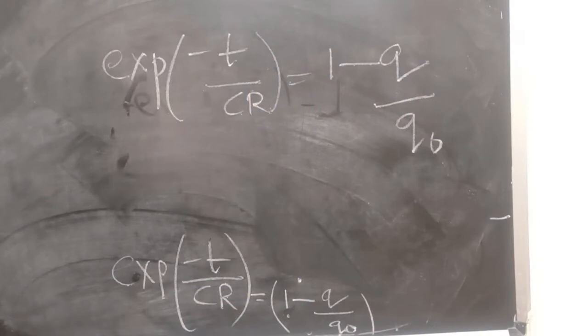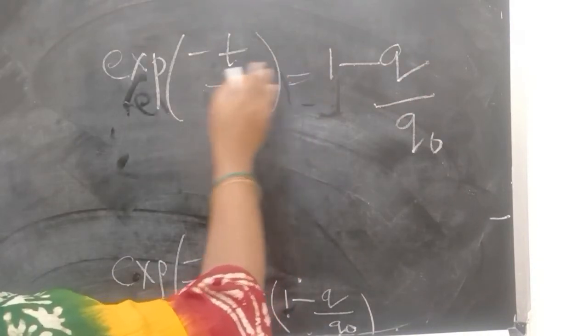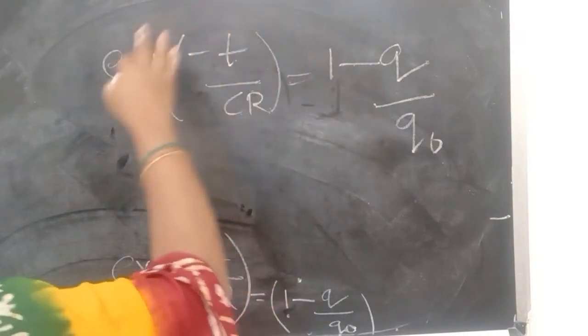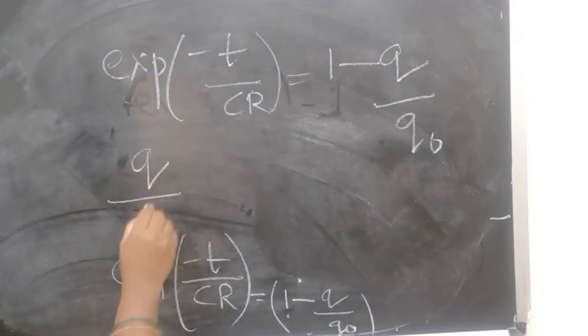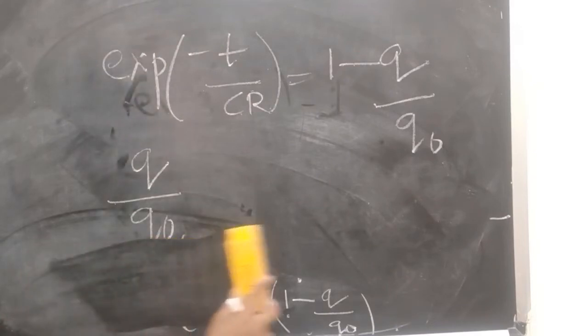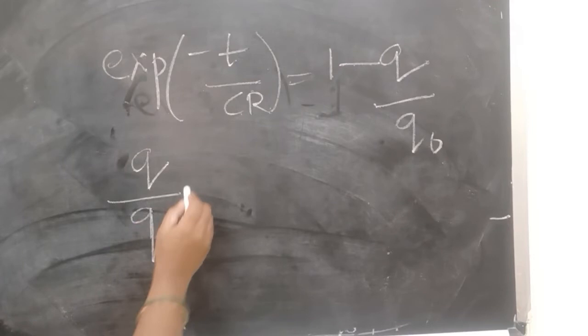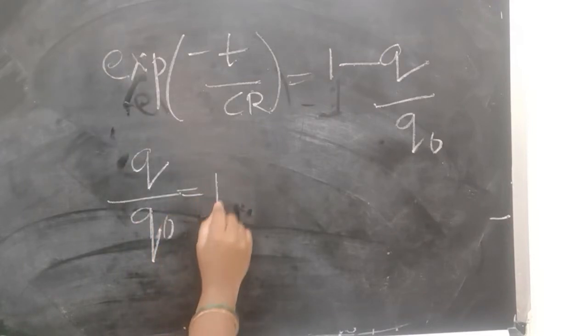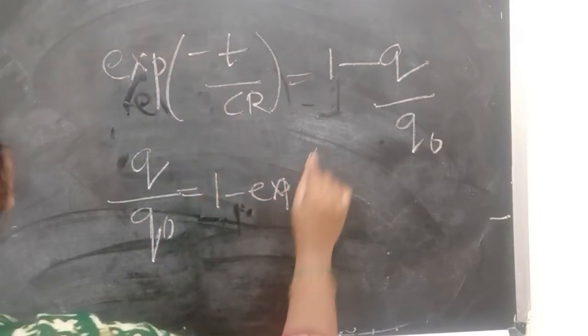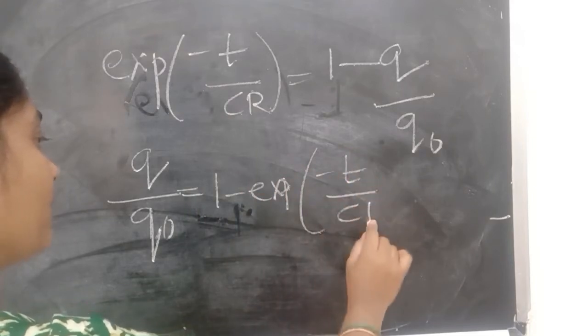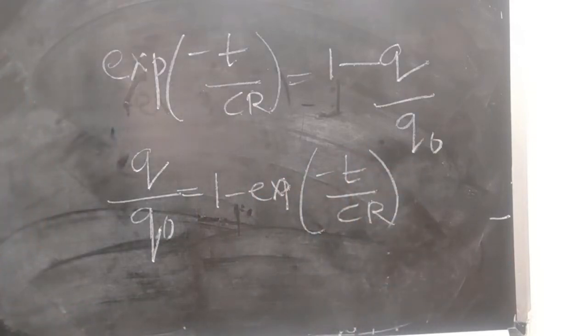Now this I will send to this side and this term to this side. So what I get? Q by Q naught is equal to 1 minus exponential of minus T by CR. Now if I want to know the value of only Q, Q naught will go to that side.